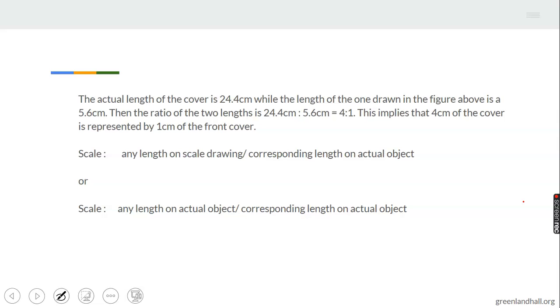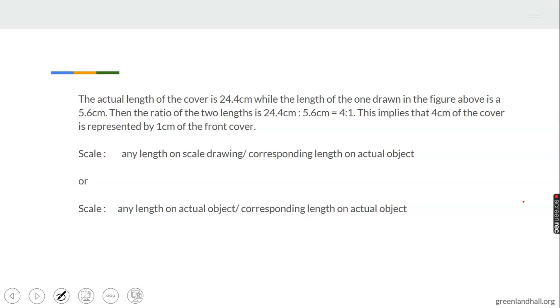Now, the one drawn on the paper, the length is 5.6 centimeters. Then the ratio of the two lengths is 24.4 centimeters, which is the actual length, to 5.6. You divide through by 5.6, and once you do that, you have 4:1.